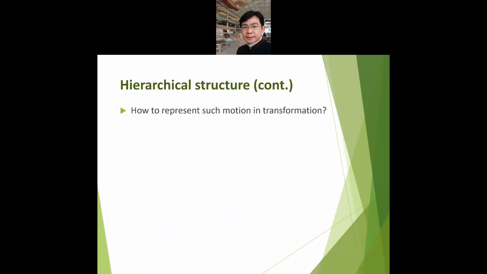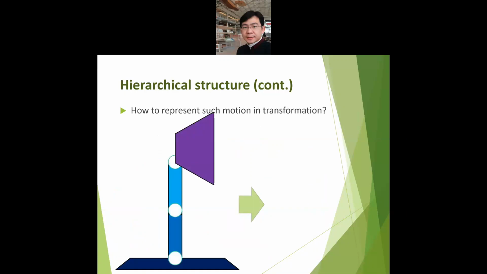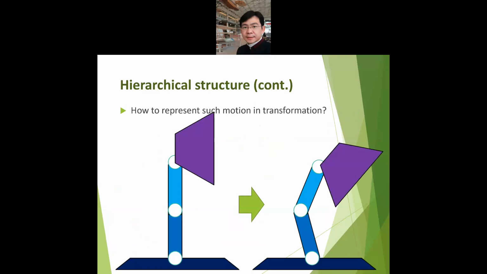Our next question is, how can we do something like this one, right? How can we move our Luxo so that, like on the right-hand side, it slightly bows to the right? So we have to include some additional information.